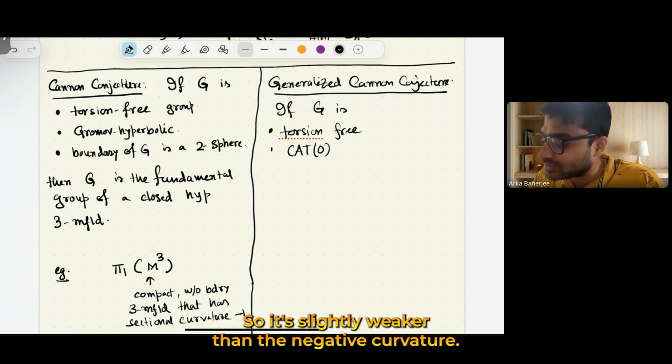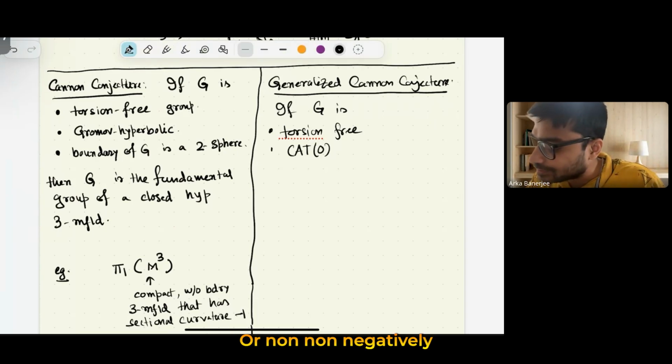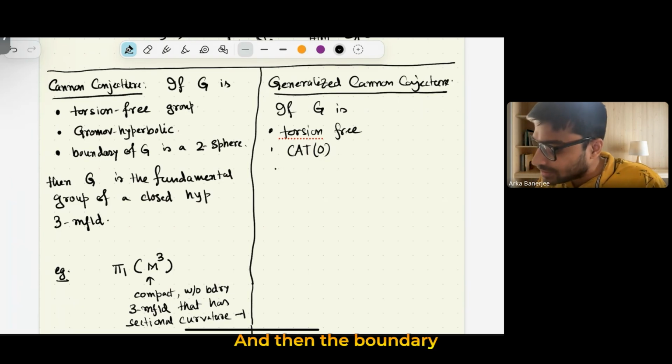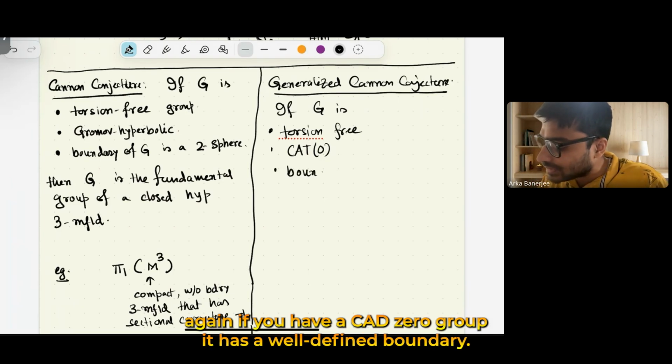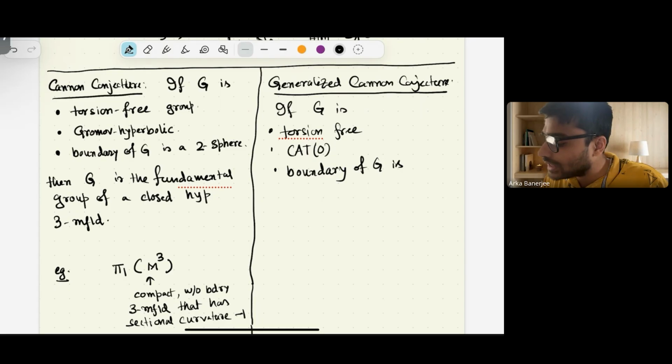So it's slightly weaker than negative curvature. It's like a zero curvature space, or a non-positively curved space. And if you have a CAT(0) group, it has a well-defined boundary. Suppose the boundary of G is embedded in the n sphere.